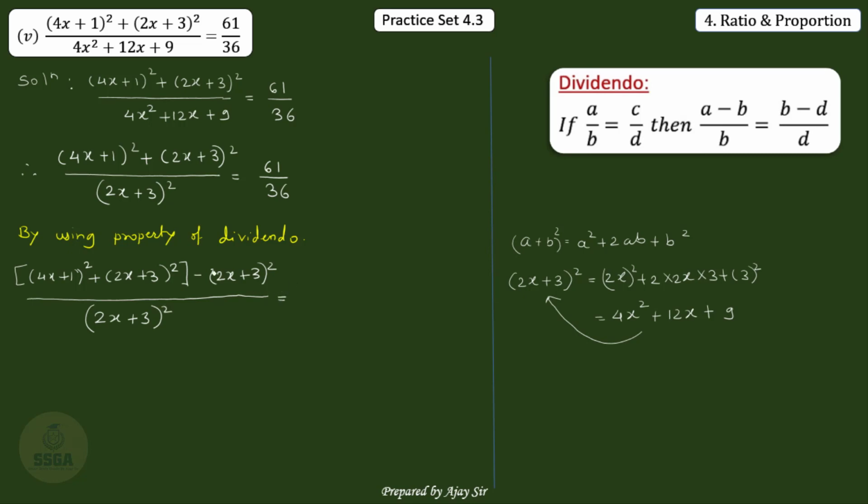Here we can also write the square bracket, because in our method we are using square brackets. Now this is (61 minus 36) divided by 36.